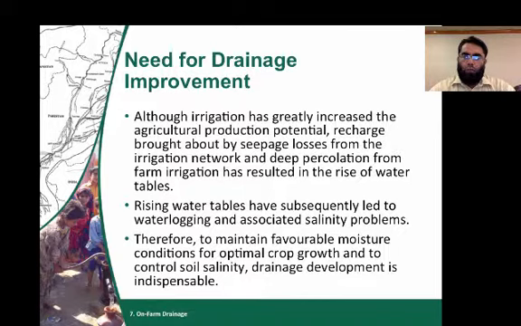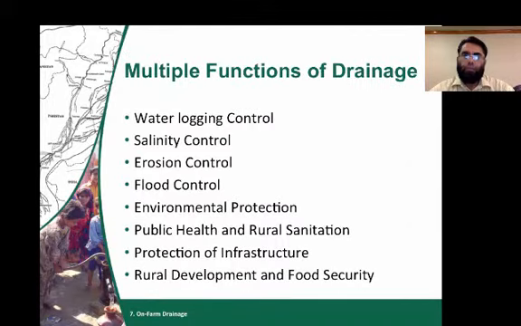Drainage is one of the activities which help you maintain favorable moisture condition for optimal crop growth and to control salinity and waterlogging. So in order to address all these problems, we need to have a good drainage system.